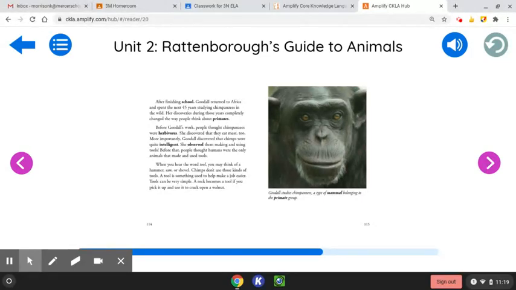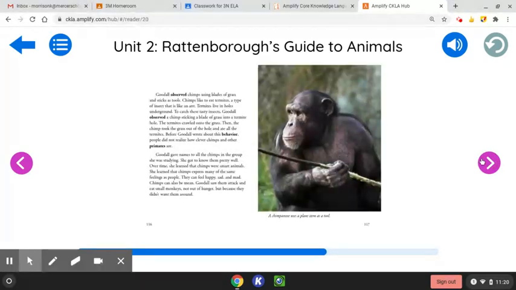Under that picture, the caption says, Goodall studies chimpanzees, a type of mammal belonging to the primate group. Don't forget, if you need to pause me, make sure you're doing that to fill in some answers. If you want to do that at the end, that's fine too. Goodall observed chimps using blades of grass and sticks as tools. Chimps like to eat termites, a type of insect that is like an ant.